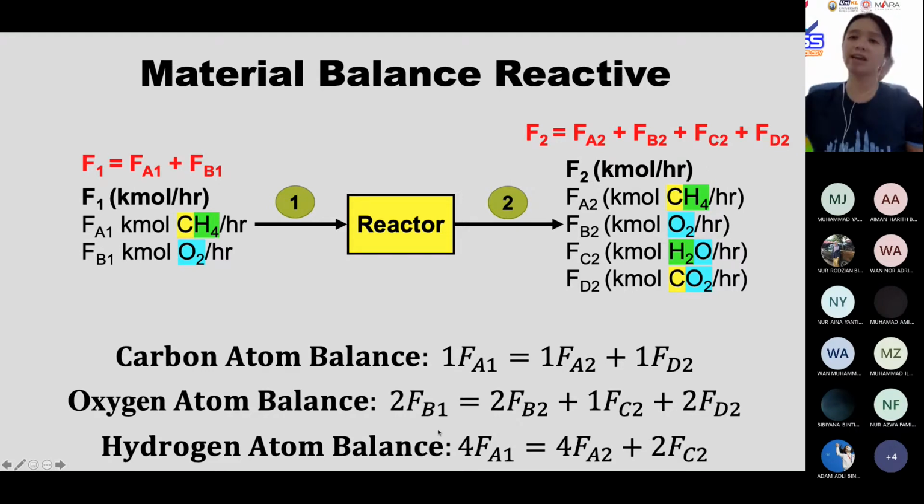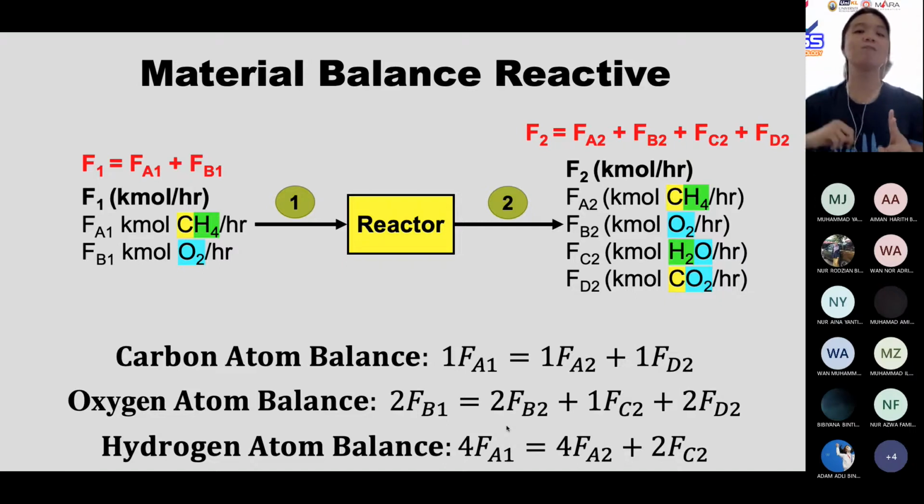Okay, right hand side, the outlet, the oxygen will come from molecule O2, molecule H2O, molecule CO2. So from one molecule O2, I have 2 oxygen atoms again. So 2 FB2. FB2 is the molar flow rate of oxygen molecules.